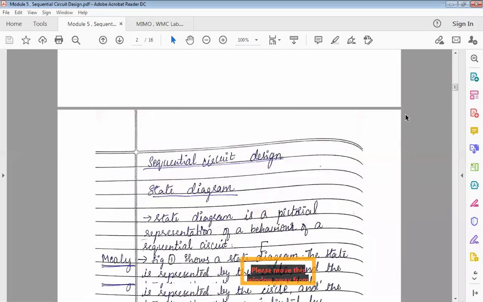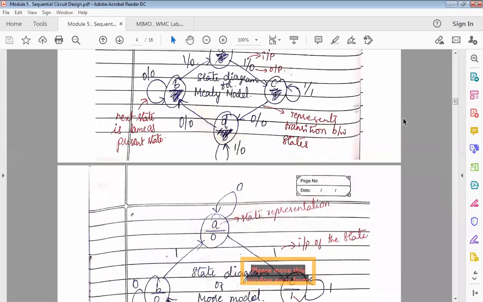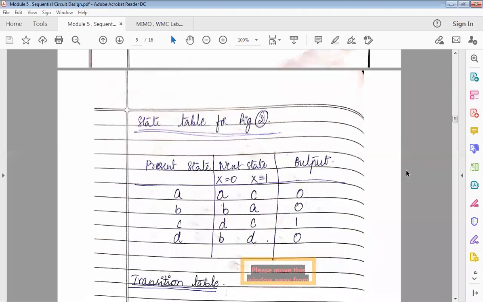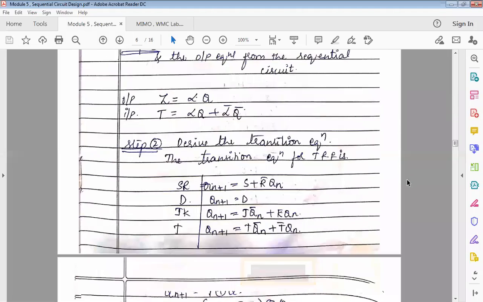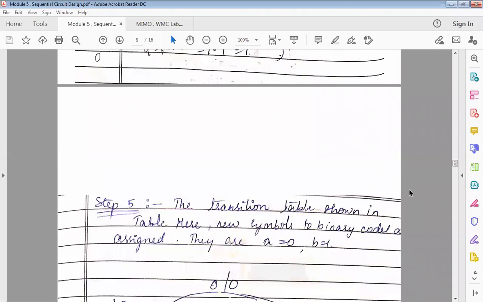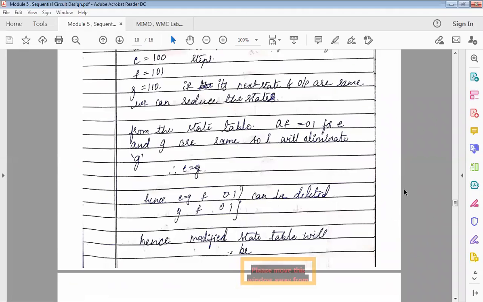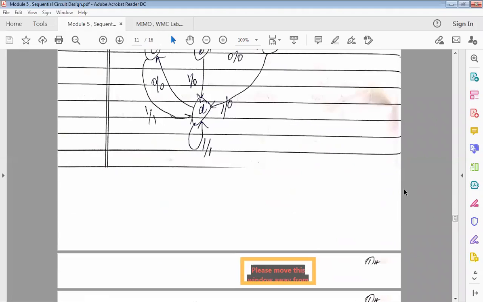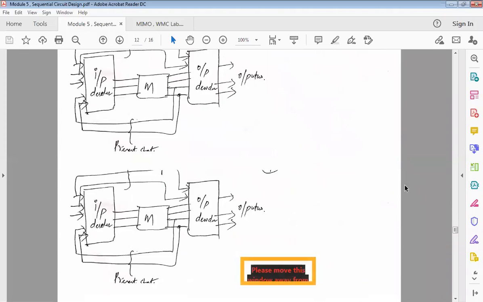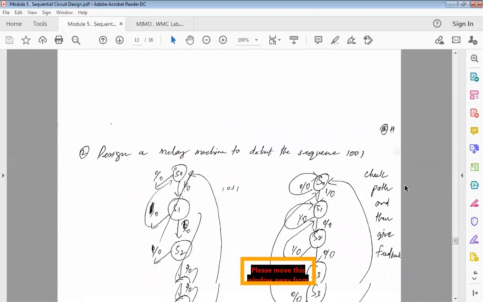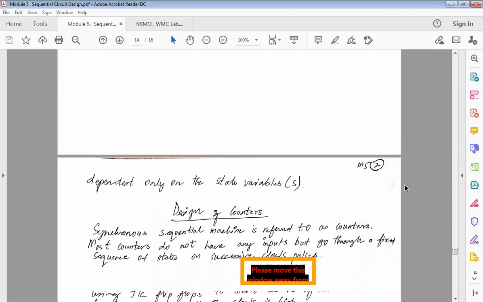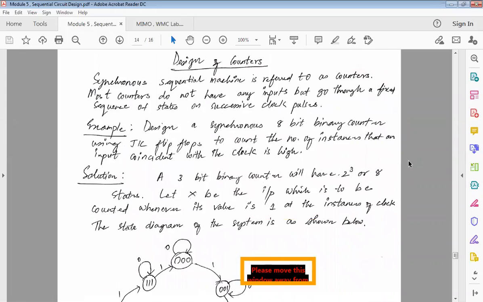So today we will look into a different concept called design of counters. It will be asked in your examinations for sure, whether in your internals or your semester end examinations. So all the concepts we have discussed so far will be implemented for the design of counters.